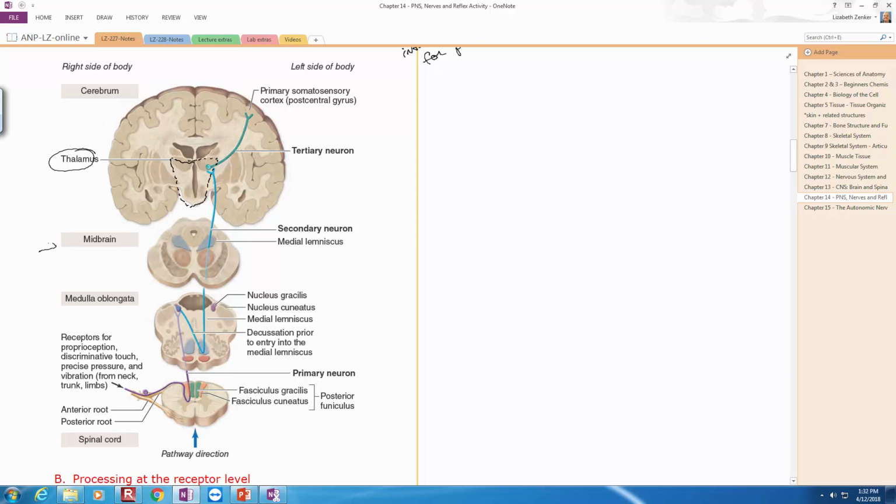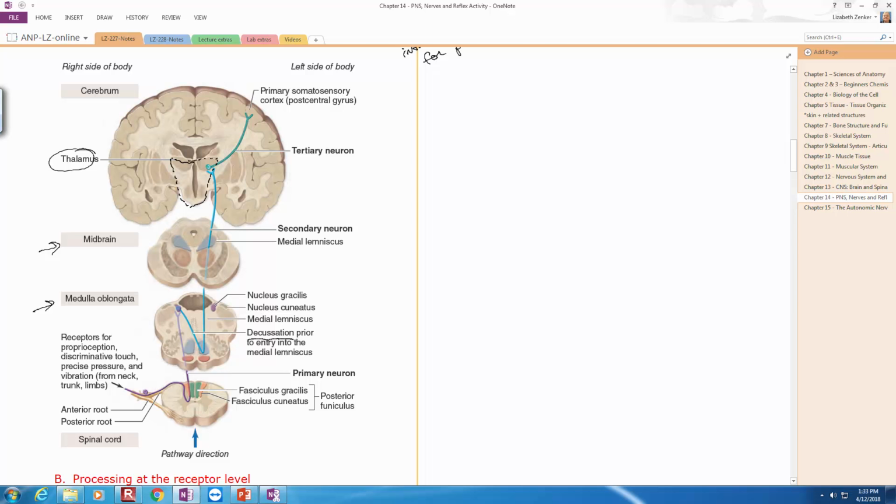Then we have our midbrain area, and that's talking about the brain stem. The pons is just talking about fiber tracts, so it's not so important on this picture. That's why they didn't include the pons on the picture. We have our medulla oblongata, where, remember, we said that things have to decussate. This is an area where it might cross over.